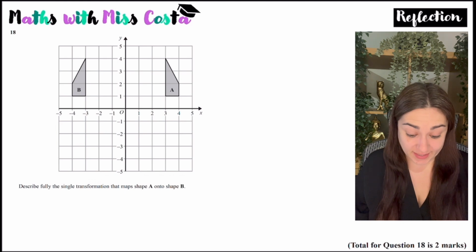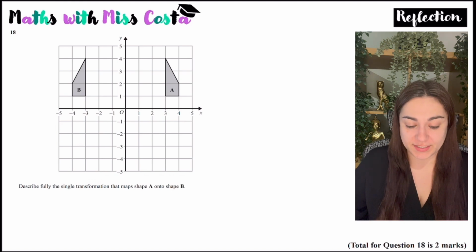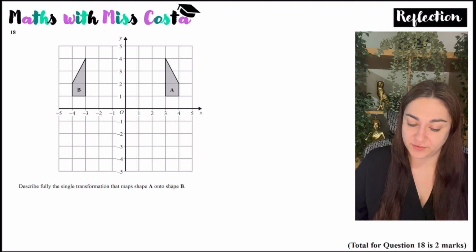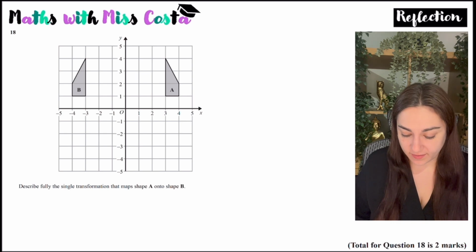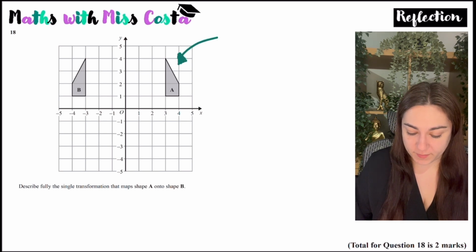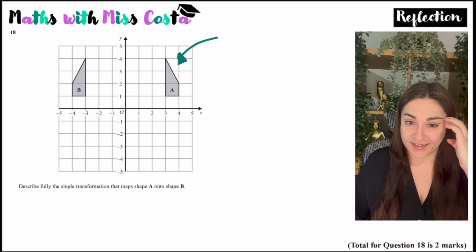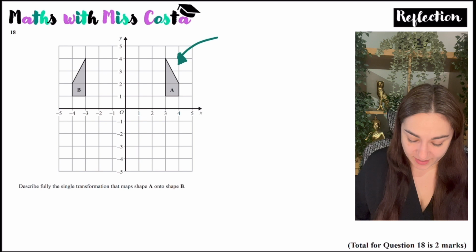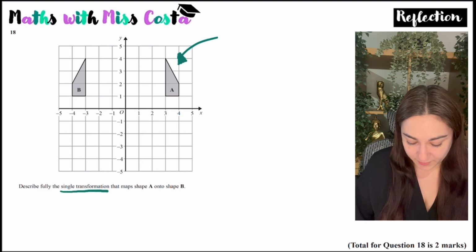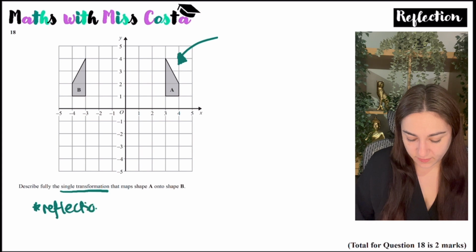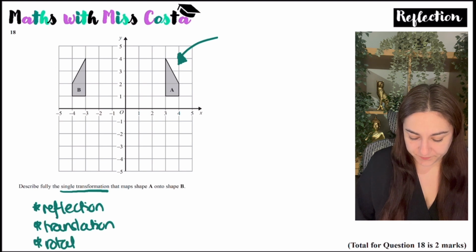Okay, so in this question, I'm being asked to describe fully the single transformation that maps shape A onto shape B. Common mistakes people make are that they write more than one transformation, and also they accidentally start from shape B. So single transformation means it's either going to be a reflection, a translation, or a rotation.